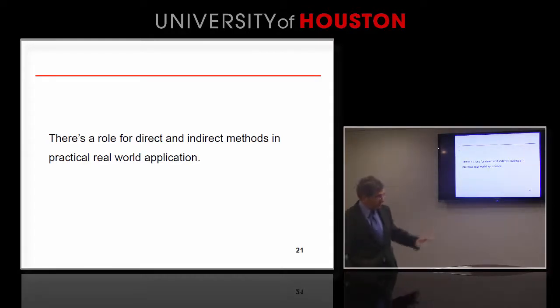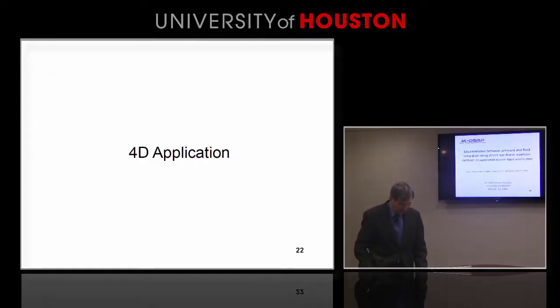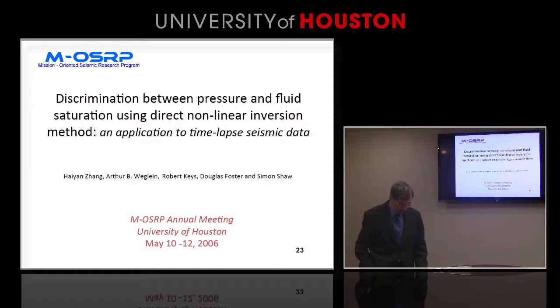But within the physics that you've described, there is nothing that compares to a direct method in terms of clarity and definitiveness and value. There's a 4D application we just mentioned of Haiyan Zhang, who won a Karcher Award for this work.